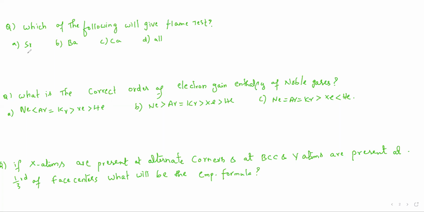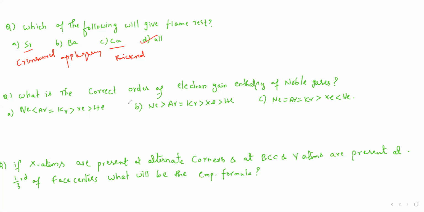Strontium will give crimson red, calcium will give brick red, and barium will give apple green. So apple green, brick red, and the other one, strontium, will give crimson red. So our answer is all of the above.